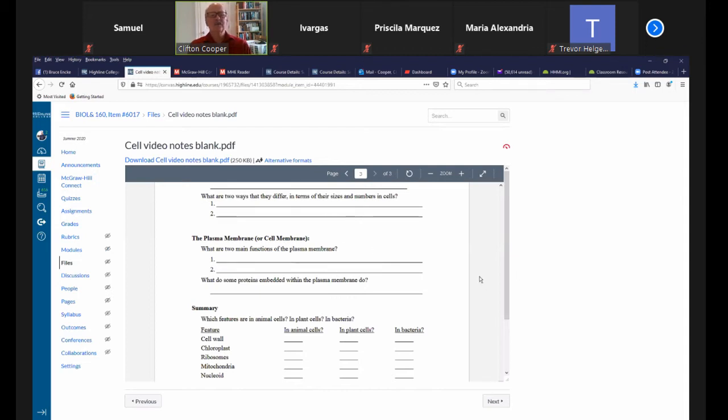So what were some things that the plasma membrane does? It protects the internal part of the cell. Yes. Acts as a gatekeeper for substances. Right. So it's very much like the nuclear envelope or nuclear membrane, pretty much the same roles.